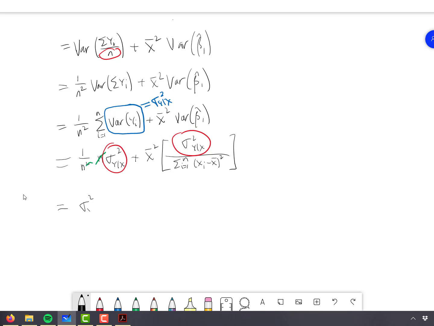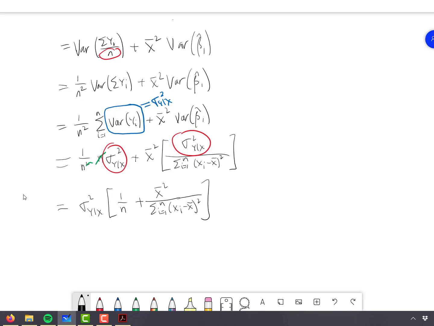If we factor out sigma squared y given x, what we have is 1 over n plus x bar squared over the sum i equals 1 to n of our xi minus x bar squared, which arrives us at that representation of the variance of beta naught hat.